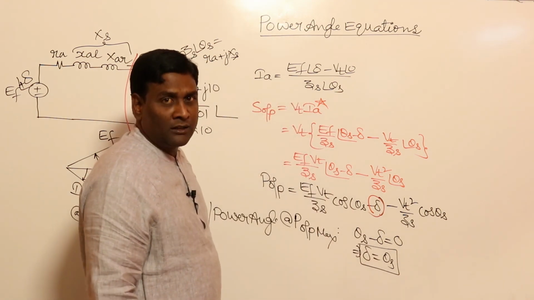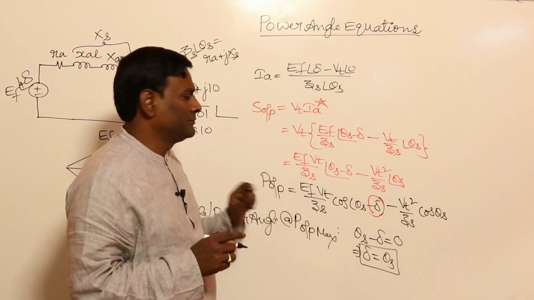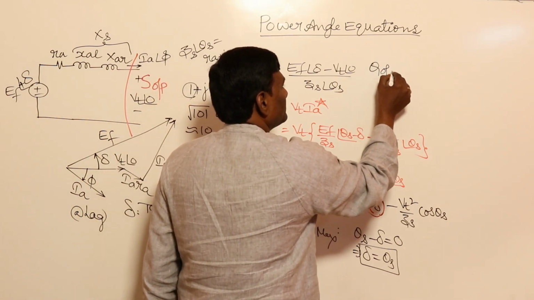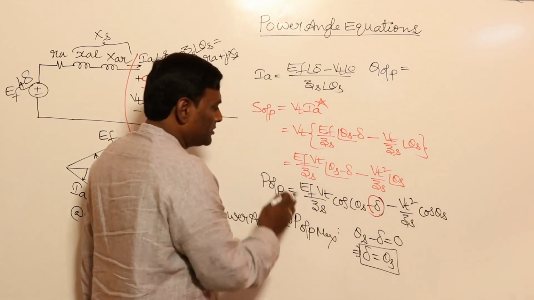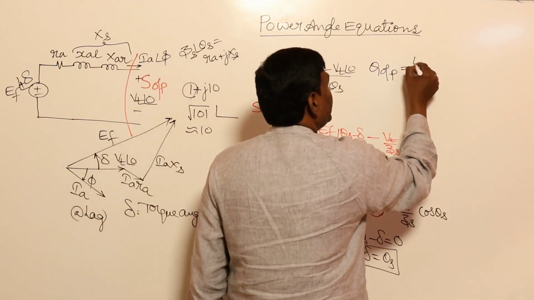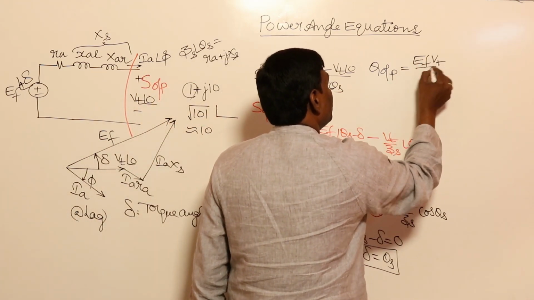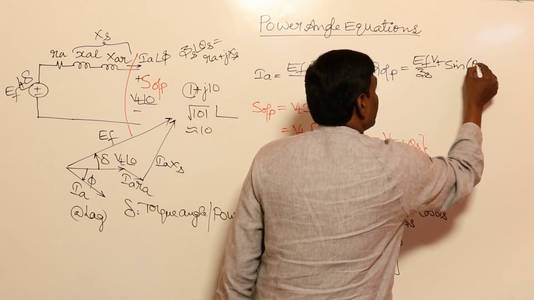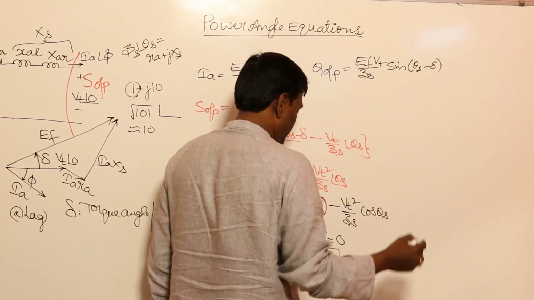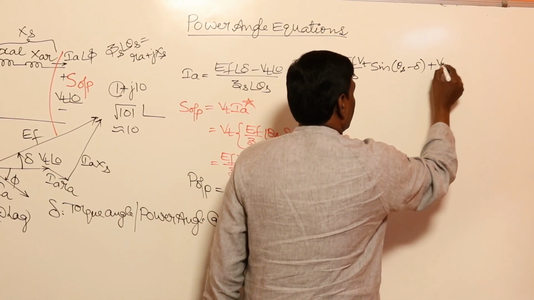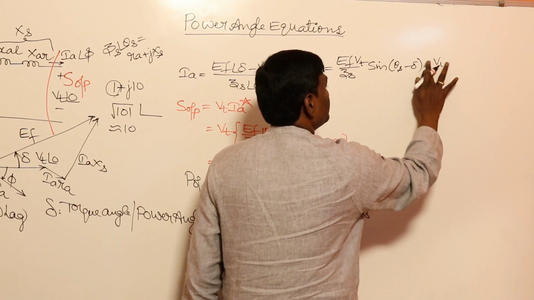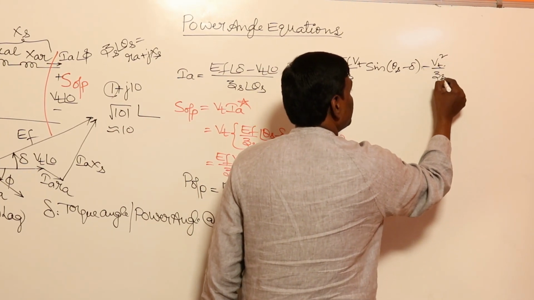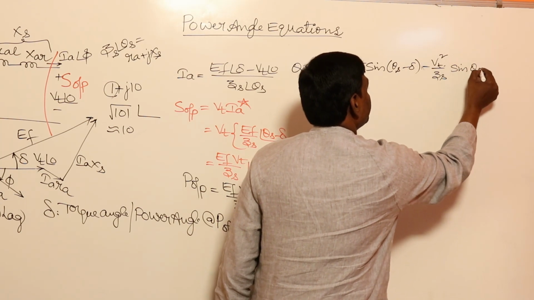Mostly the question will not come. Even if a question comes, we are going to do this. For example, let us think of Q output. How much is Q output? Same sign will come: EF Vt by Zs sin(theta s minus delta) minus Vt square by Zs sin theta s.